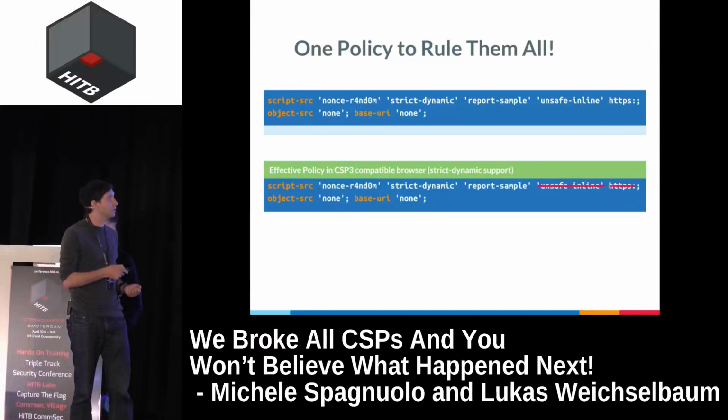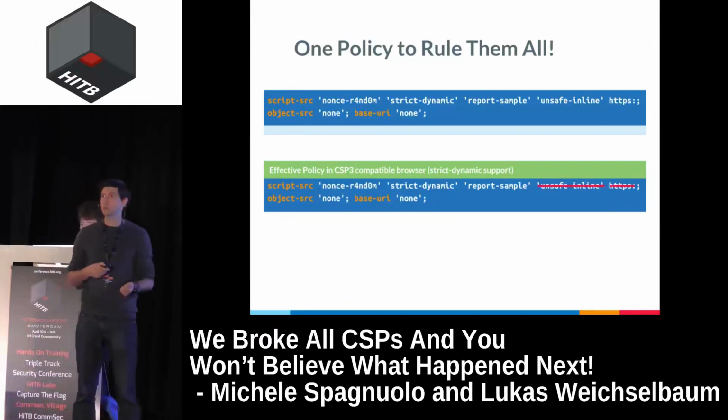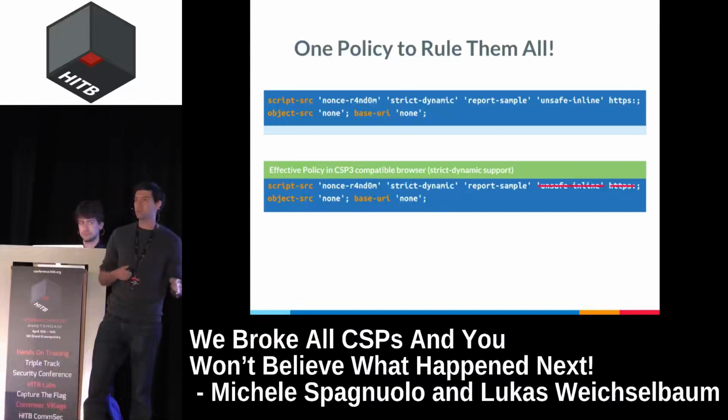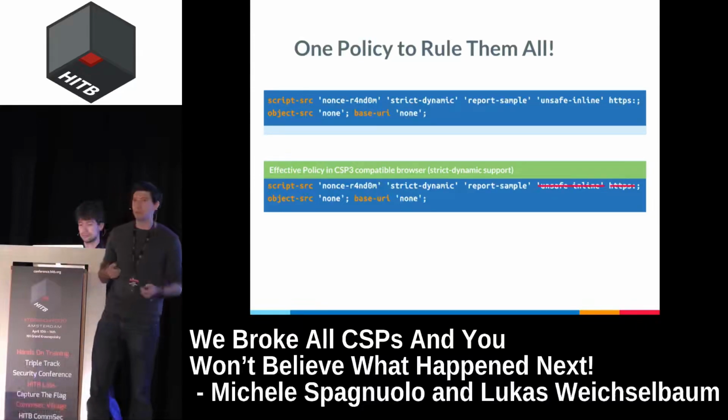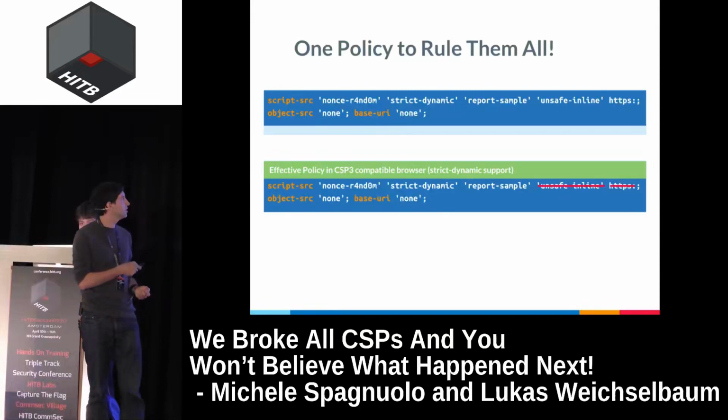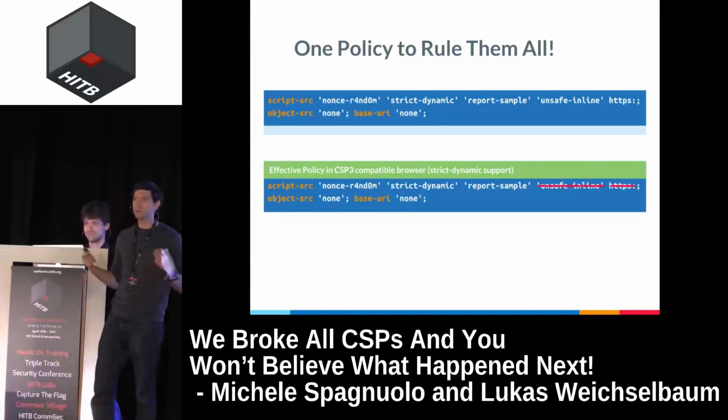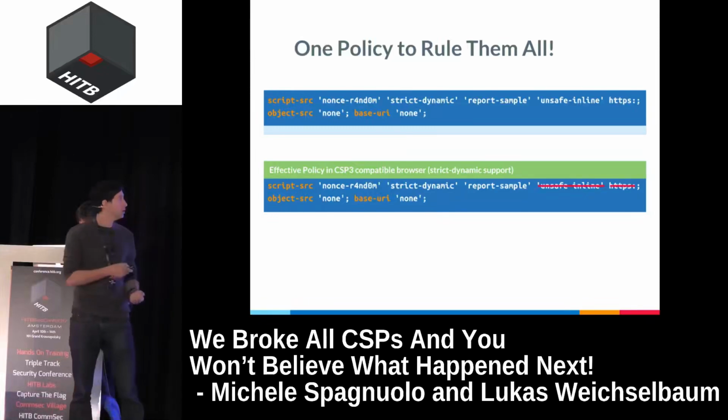And we have fallbacks, unsafe inline and HTTPS. If you have an old browser that does not understand strict dynamic, like Edge, then it will just ignore this and will just execute that. And the CSP is basically a no-op, but it will also not break your site, which is probably very important, right?